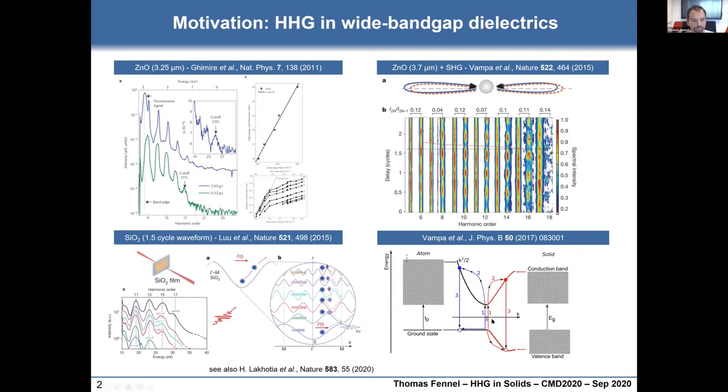So, and as we have seen in the talk before, now for a real wide bandgap material with optical drivers, the Coulimakis team could observe photons up to 30 eV, which is quite remarkable, and they also attributed their emission, as we have just heard, to the anharmonic structure of the bands.